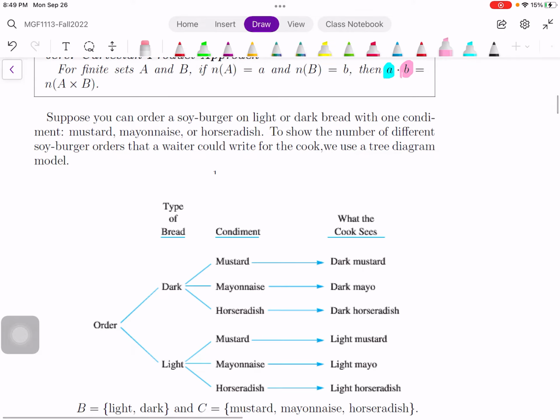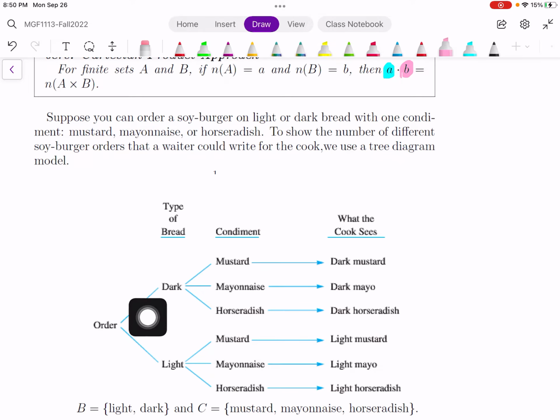Suppose you can order a soy burger on light or dark bread with one condiment: mustard, mayonnaise, or horseradish. Let's think how many different combinations of orders the waiter would see.